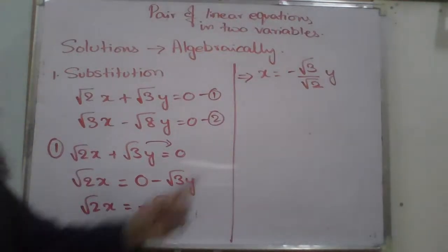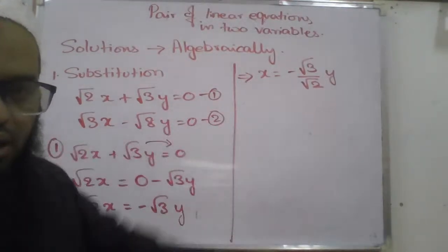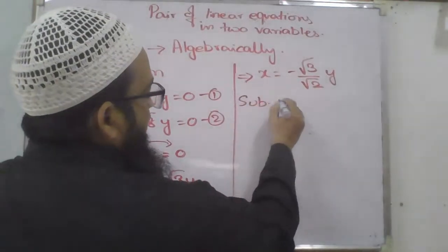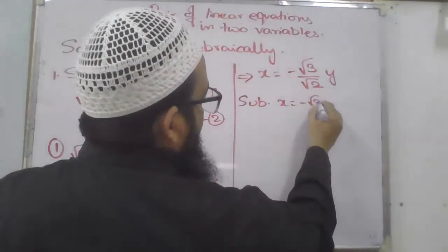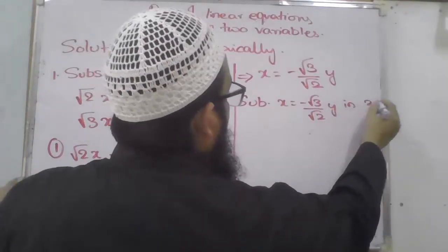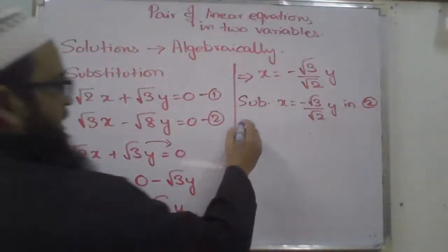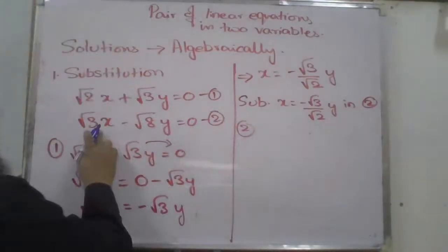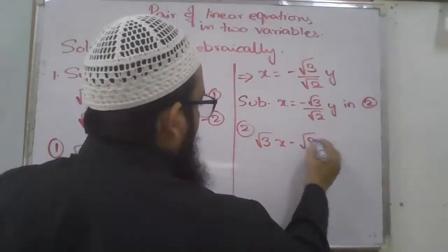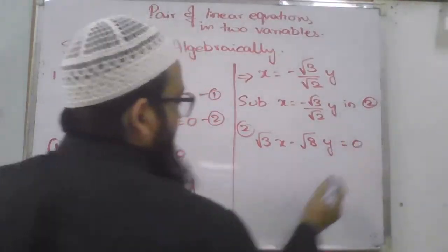So x is equal to minus root 3 by root 2 y, right? So now substitute x is equal to minus root 3 divided by root 2 y in the second equation. So what is the second equation, my dear students? Second equation is root 3x minus root 8y is equal to 0.